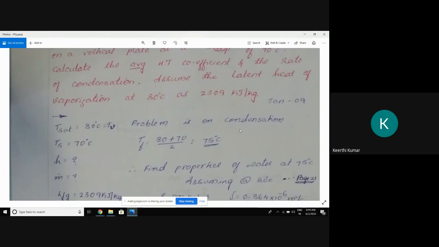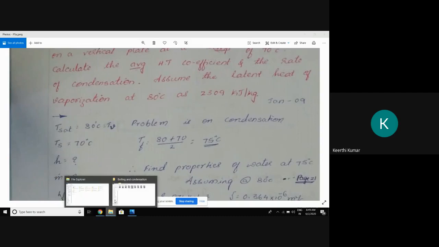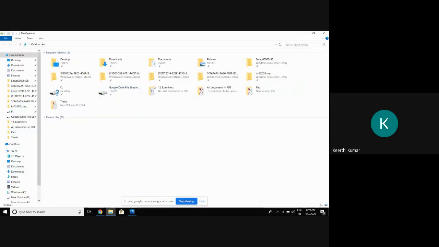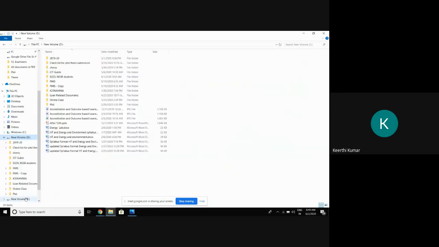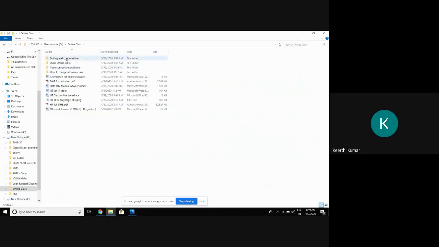Condensation. If you go to the condensation chapter, at the top you can find the properties of the fluid are to be taken at. Okay, I'll project that also. So I'll project the data handbook which I shared with you.